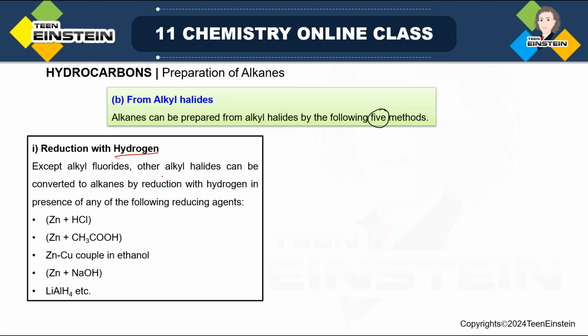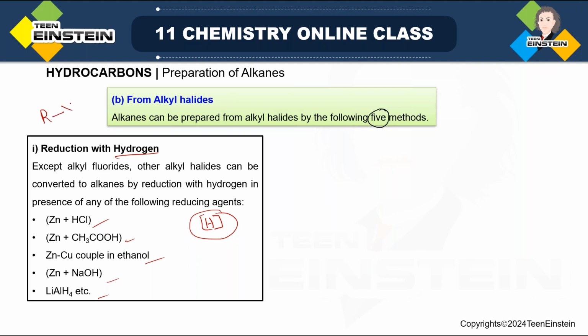Here we will use some reagents which will basically produce hydrogen atom, or nascent hydrogen, which is expressed in this way. So if you take any of this mixture, there will be production of H atom, and that will be replacing the halogen, because now our starting material is alkyl halide.